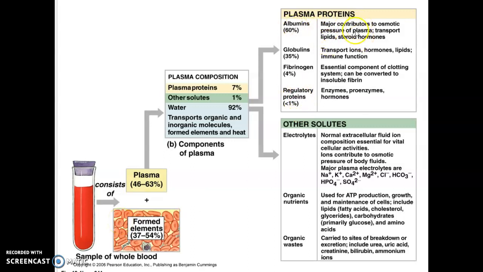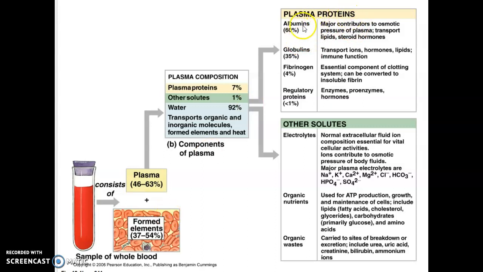If I had too much, let's say I had a bunch of sodium and chloride in my blood, that would lower my water concentration, and therefore water would run out of my red blood cells and cause them to shrivel or shrink, something called crenation.